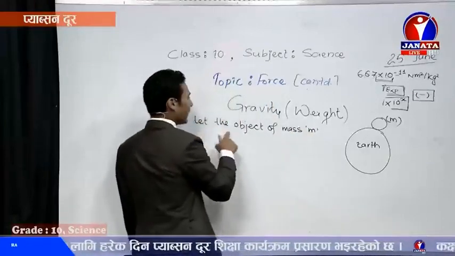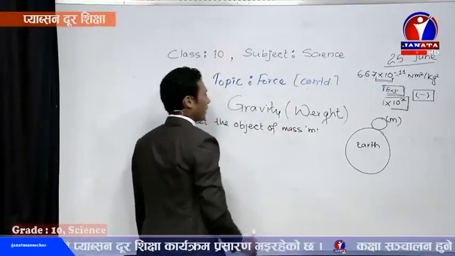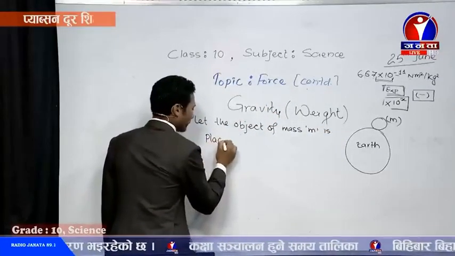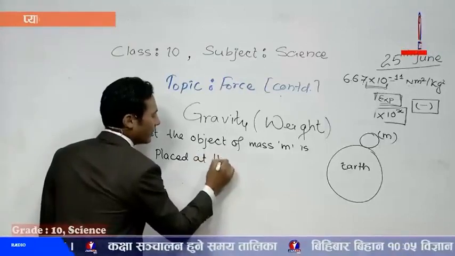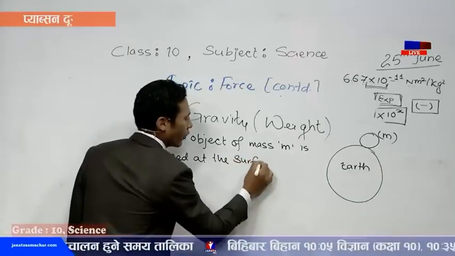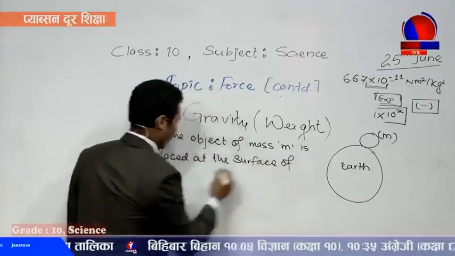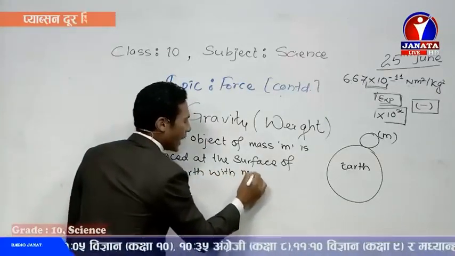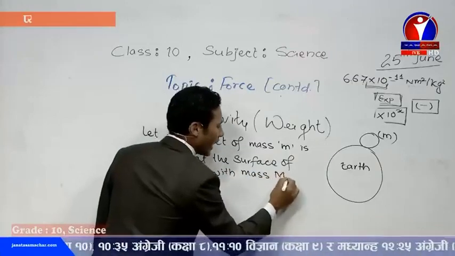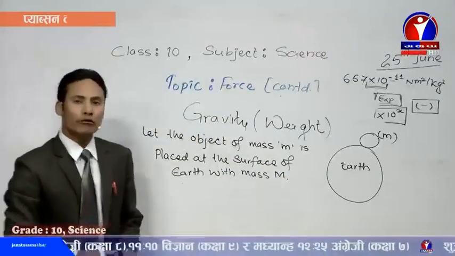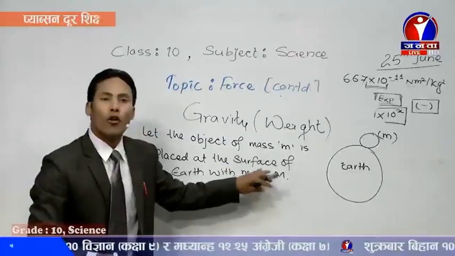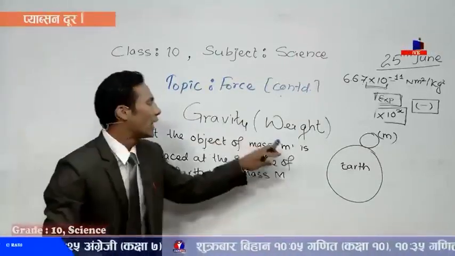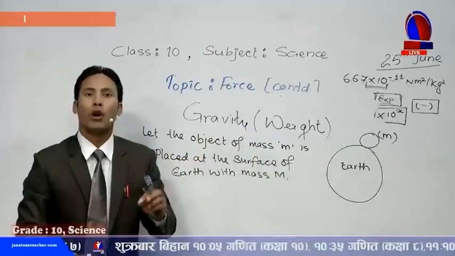Let the object of mass m be placed at the surface of the earth with mass capital M. Remember that generally the mass of the earth is represented by capital M, and small m is the mass of the small object.